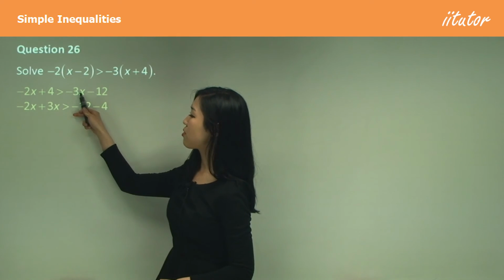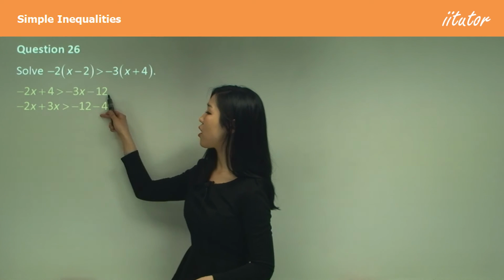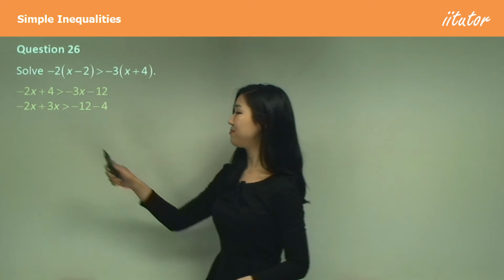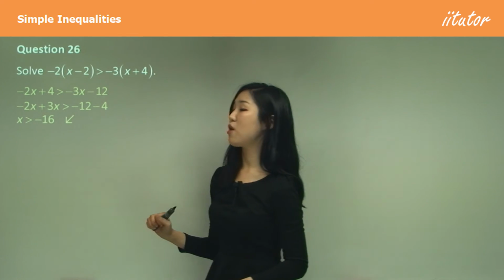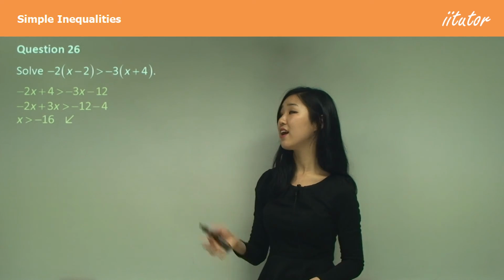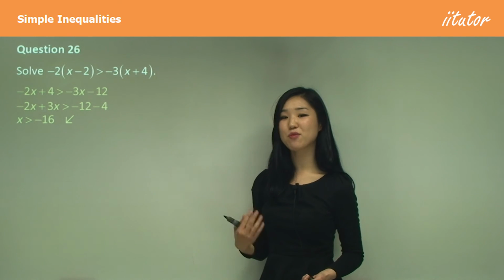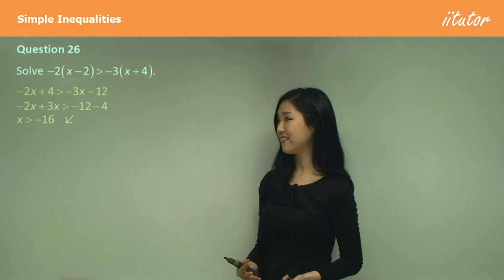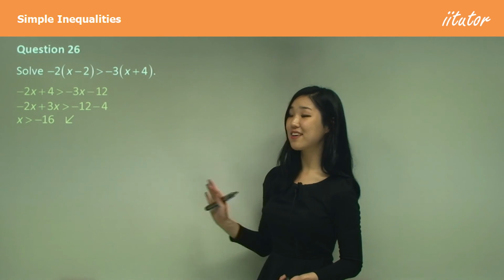So I'm going to move the 3x over to here, so make it positive 3x, and move the 4 over by subtracting. Negative 2x plus 3x is positive x, and negative 12 minus 4 is negative 16. So x is greater than negative 16. Exactly the same as what we did for the equations, isn't it? But just make sure you keep that inequality sign. Okay, and that concludes this part.